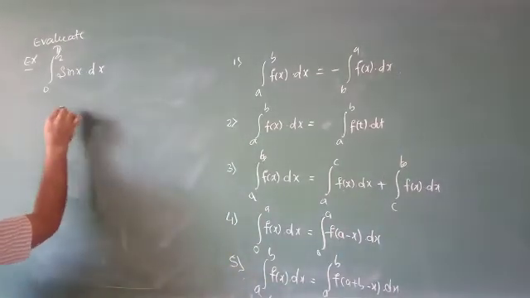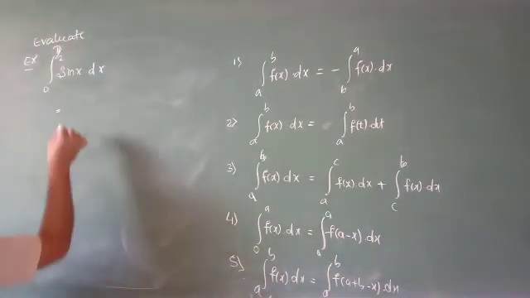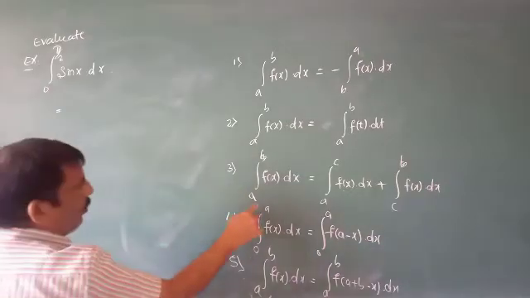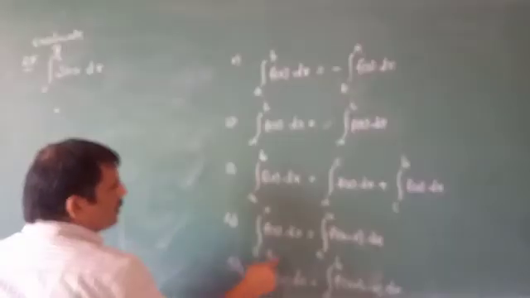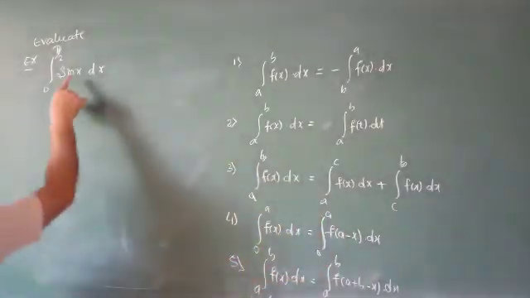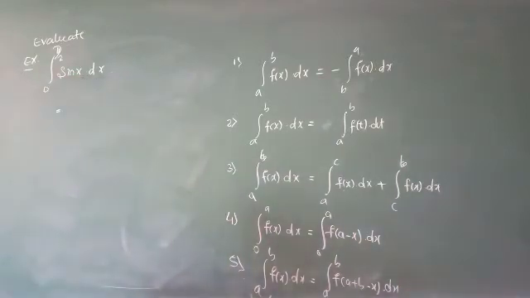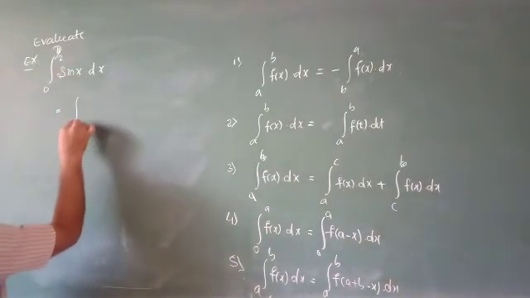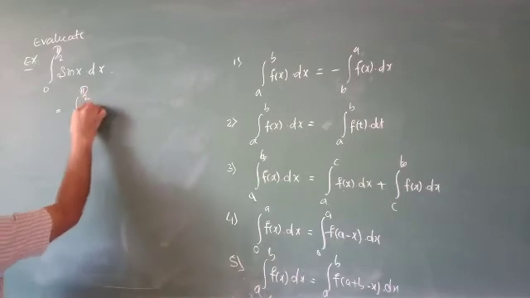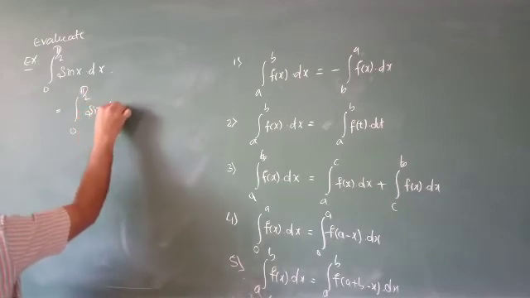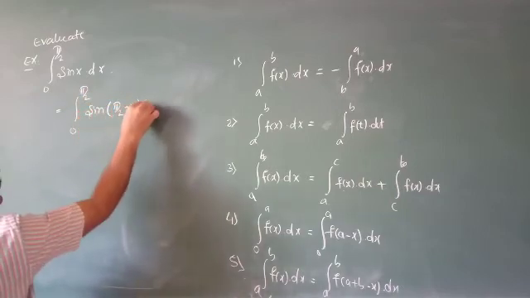Property applied: the lower limit must be 0. So x is replaced by upper limit minus x, giving the integral of 0 to pi by 2 of sin of pi by 2 minus x with respect to x.